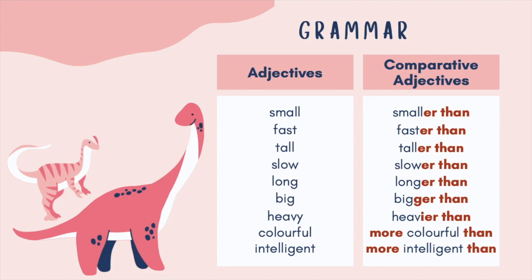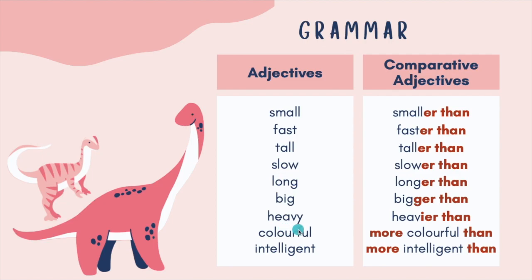So double the last consonant before adding the er. For example, here the spelling for big is big. So to make it bigger, you need to spell it bigger then. Okay?